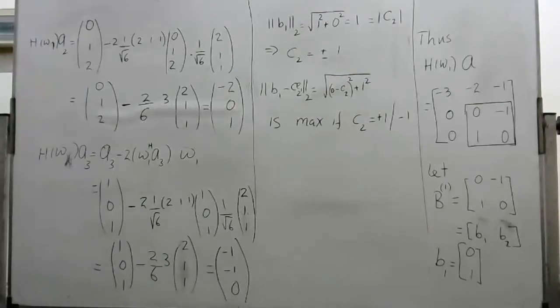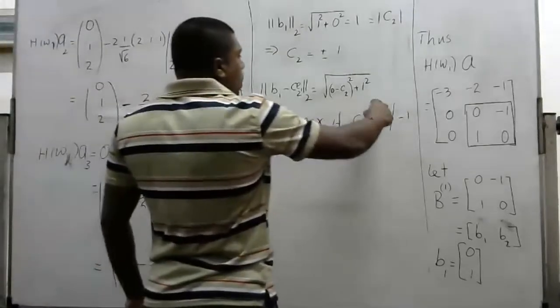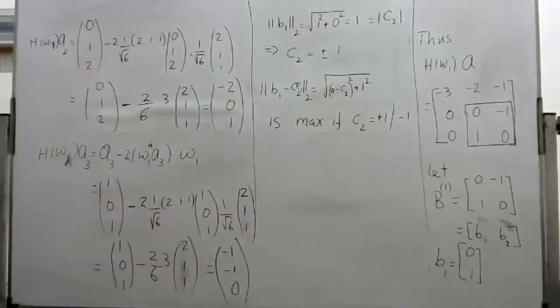And for this problem, you can see that if you pick plus 1, you get the maximum, and the same value can be obtained even if you pick minus, because eventually here you have C2 squared plus 1 squared. So C2 squared is 1 irrespective of whether C2 is plus or minus 1. So there is no issue with the sign here. So you can choose any sign you like. Right? So we will choose minus 1 here.